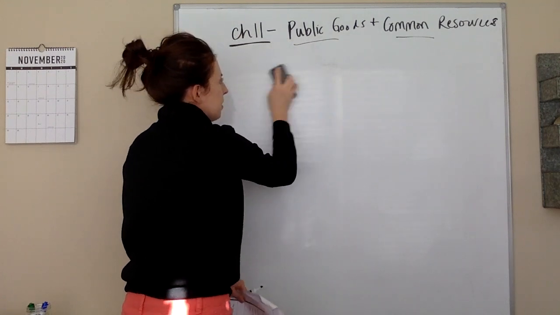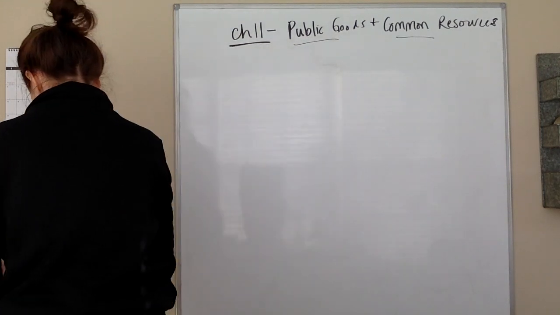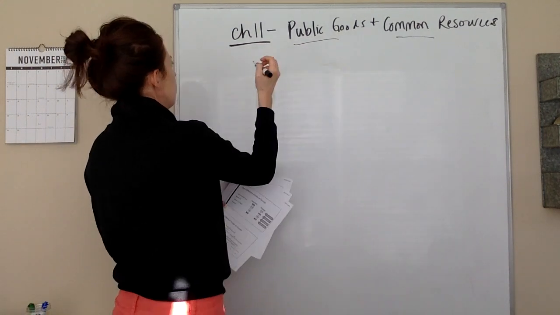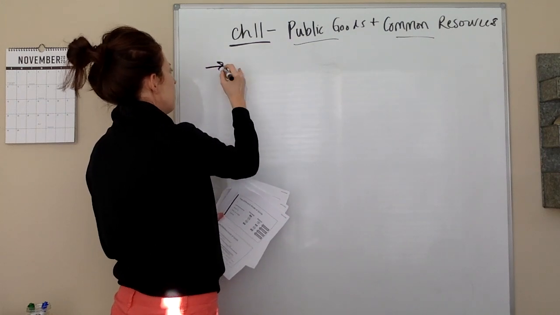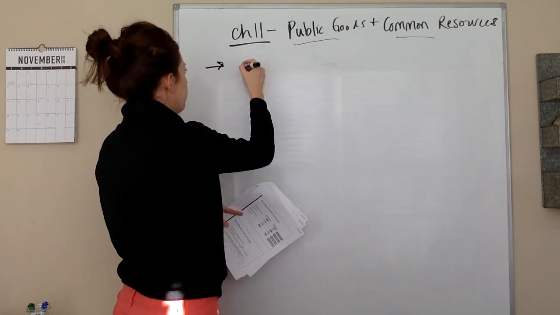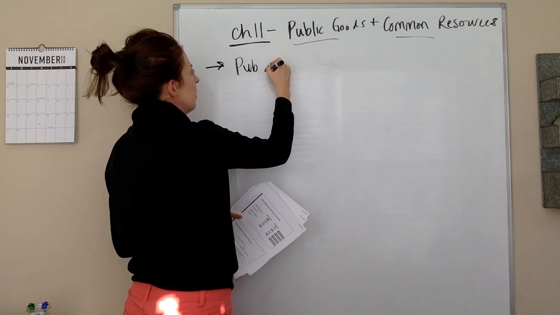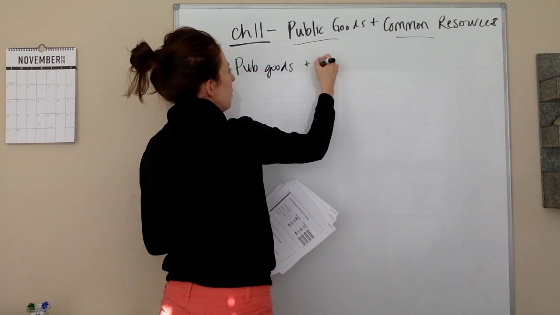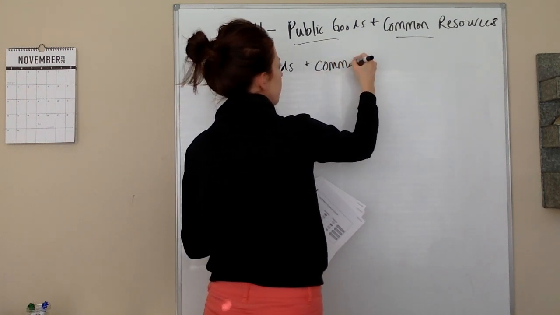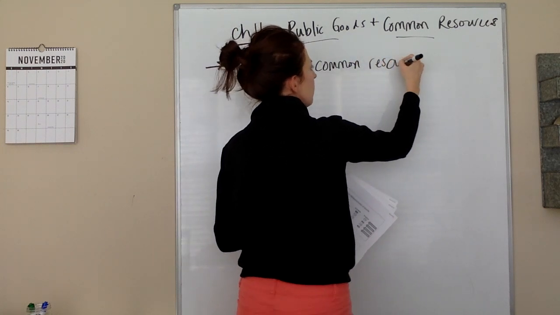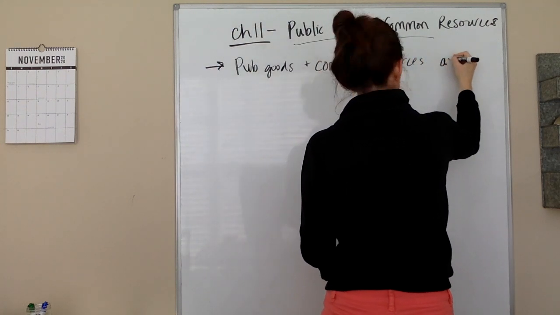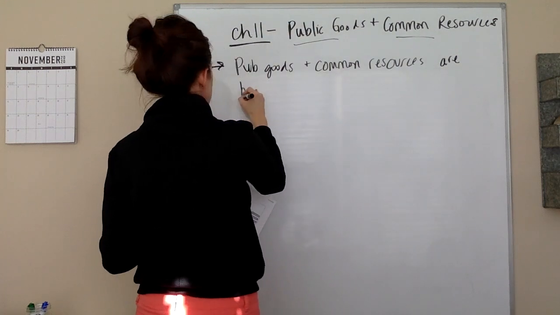So let me write some of this down so you have it in your notes. Make sure it's on your piece of paper. Public goods and common resources are both not excludable.